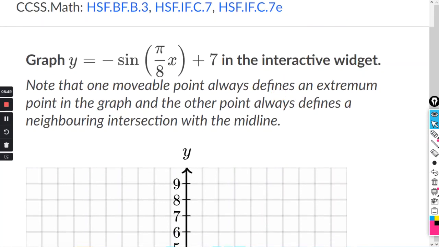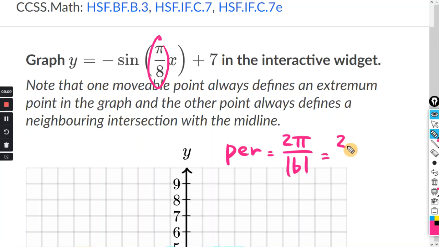Next step is to find the period. That's going to be 2 pi over the absolute value of b. And we see that b is the number that's multiplied by x. So that's just pi over 8.